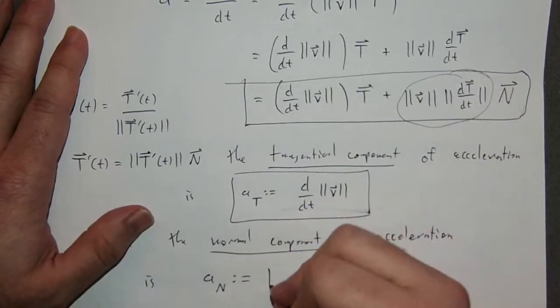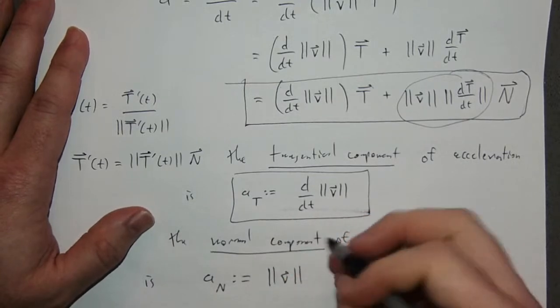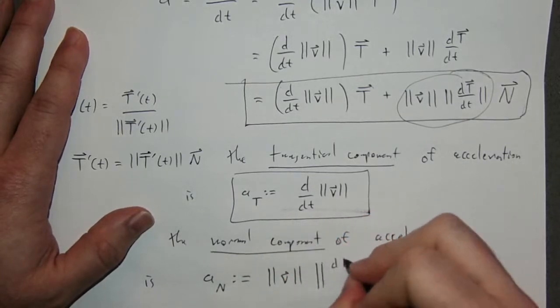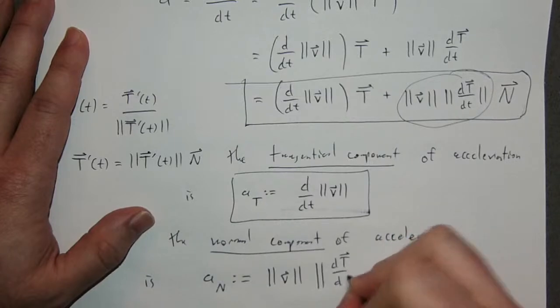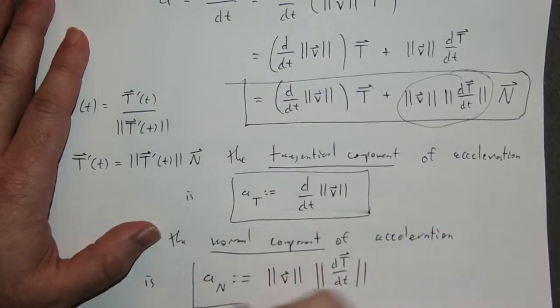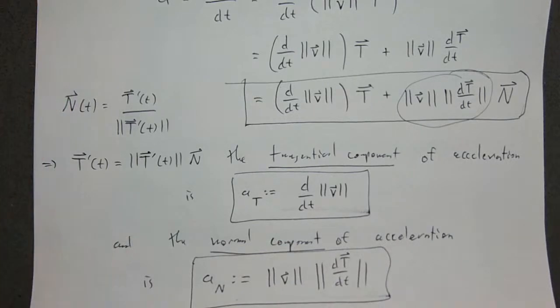Right, so the length of v, that is the speed, times the length of dT/dt. Okay. All right. So we've computed the tangential and normal components of acceleration, which is exactly what we wanted to do.